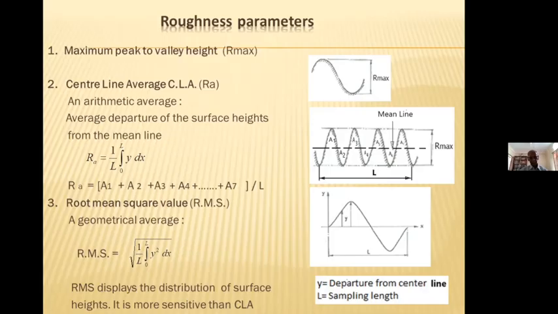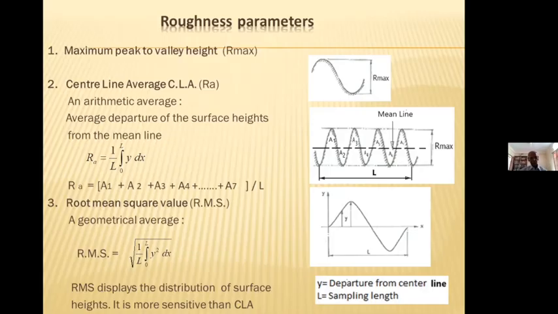Again, this can be given in an integral form as 1 by L integral 0 to L y dx, or we can also look at it in a simpler way by adding the areas A1, A2, A3 to A7 in this picture divided by L. So this is simply adding up all the areas and dividing by L. And that's what we have done in the integrated form also.